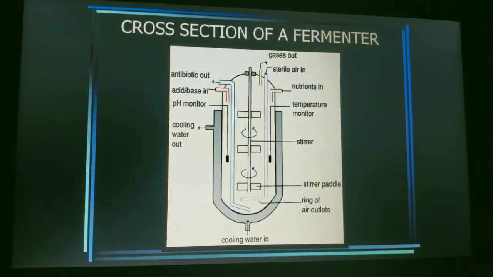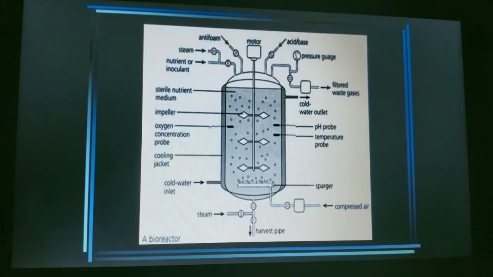This is the cross section of a fermenter. We can see the diagram where we can see the parts of the fermenter. Above we can see the motor, steam releasing tube and pressure gauge where the pressure is maintained.